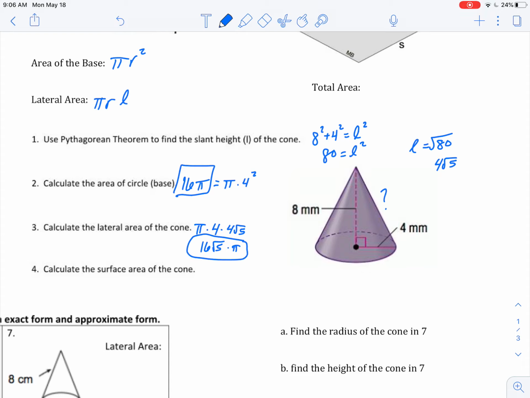So for the surface area, what we would do is take 16 pi plus 16 root 5 times pi.